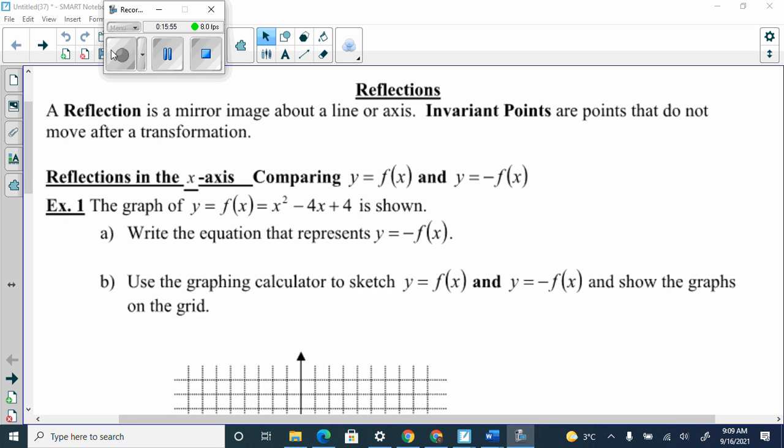Did you guys do horizontal stretches and reflections in the y-axis? I don't think you did. No. Okay. Because that's the grade 12 stuff, so it doesn't make a big difference. You just need to know that what affects the vertical affects the y, and what affects the horizontal affects the x. That's the only difference. So we're going to go through these ones.